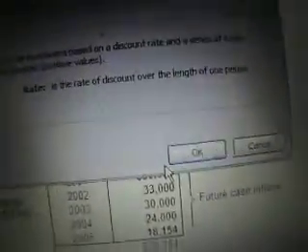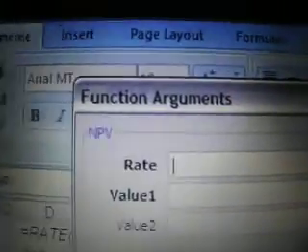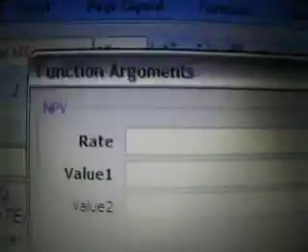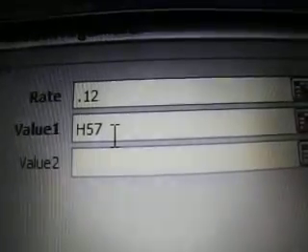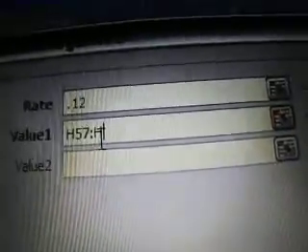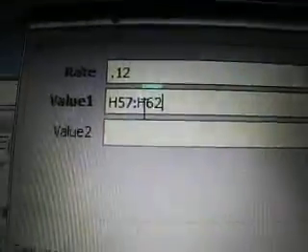Okay. The rate, we talked about that. The rate is the discount rate that we are talking about, 12%. So decimal point 12. The values are located, we talked about that, in H57 to H62.